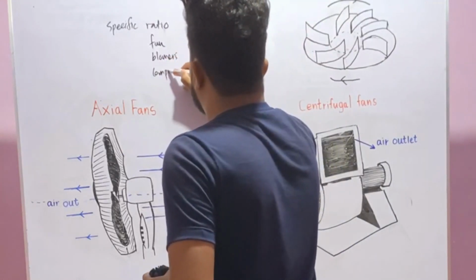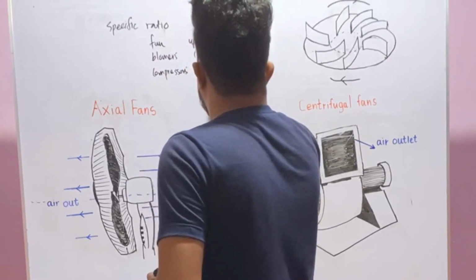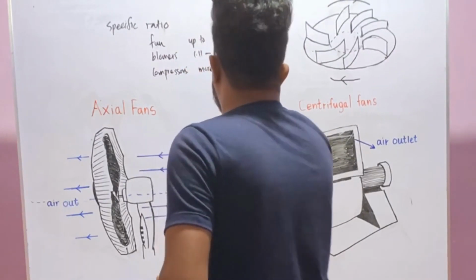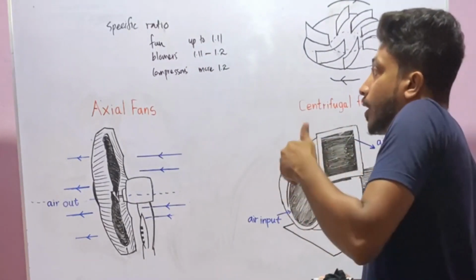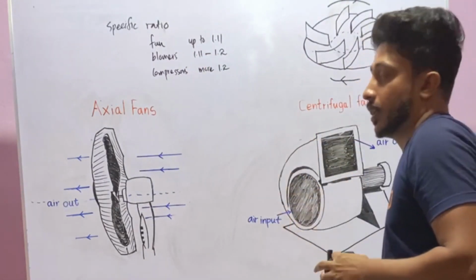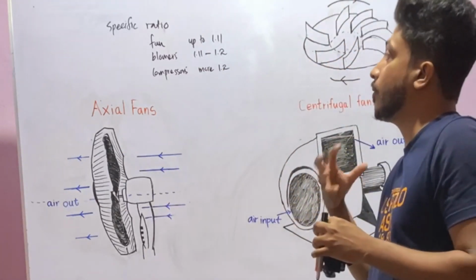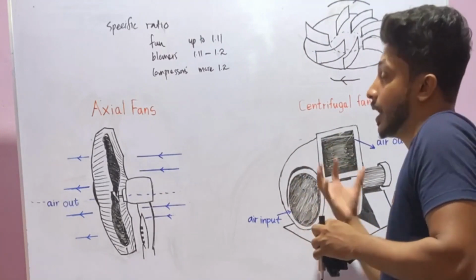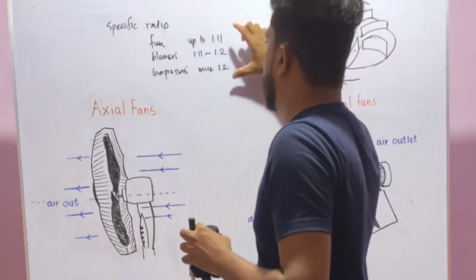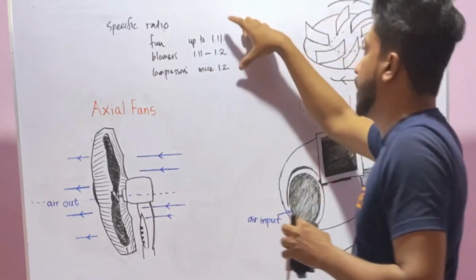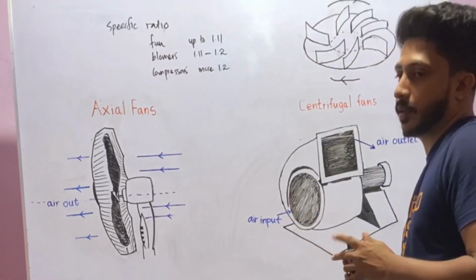For compressors it is more than 1.2: compared to the suction end, they create more than 1.2 times the pressure at the delivery end. So this is the basic fundamental theory by which we can differentiate fans, blowers and compressors.